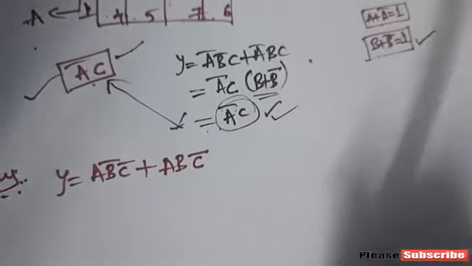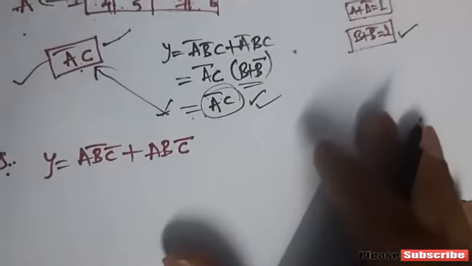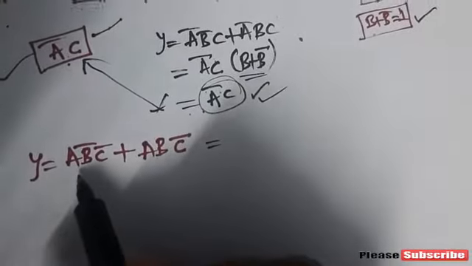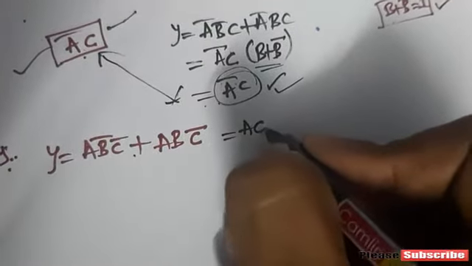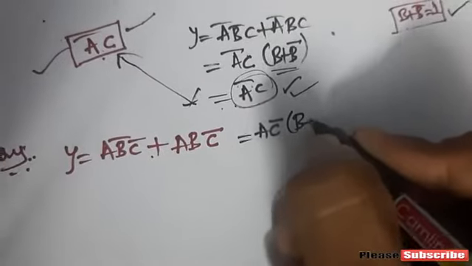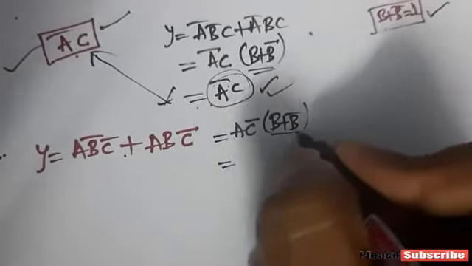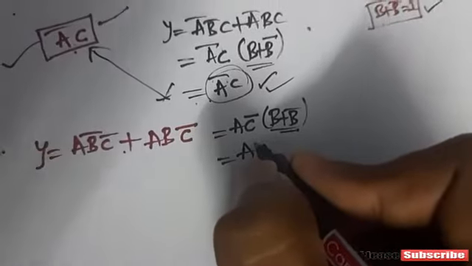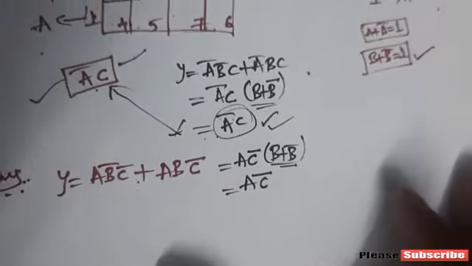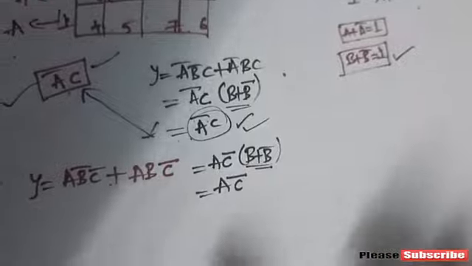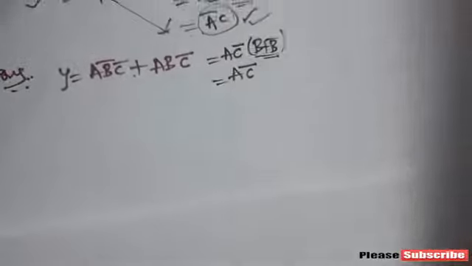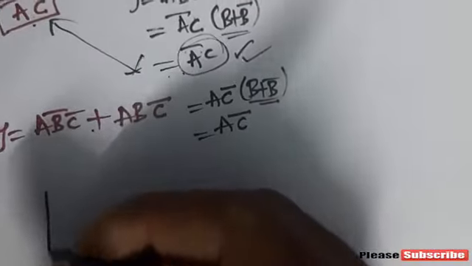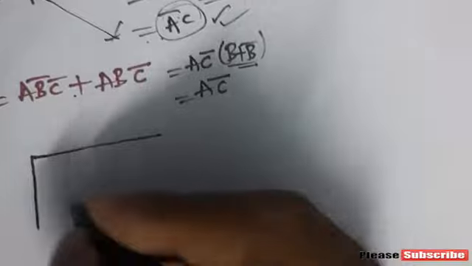Let's see the conventional method, then we can check whether the shortcut method matches. Here, if you take A C bar common, you will get B plus B bar. B plus B bar means 1, so A C bar. First we have to do the K-map. Let's check whether we get this answer.